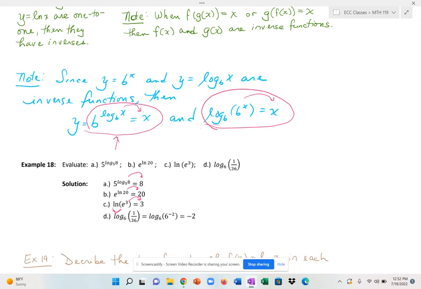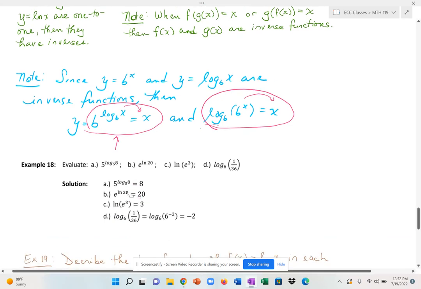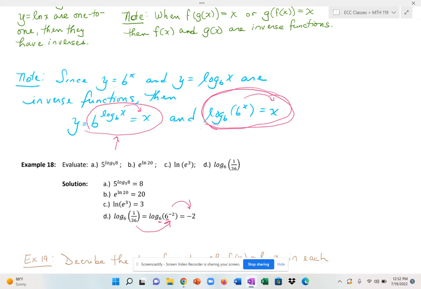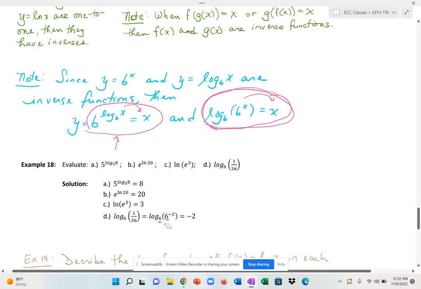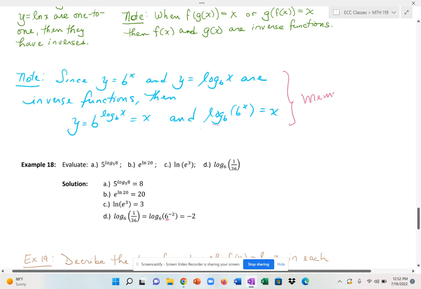And log base 6 of 1 over 36, well, it is like this one, except I have to rewrite the 1 over 36 as 6 to the negative 2. So now these two bases are the same. My answer is negative 2. Okay, so this should be memorized and understood so that you can apply it.